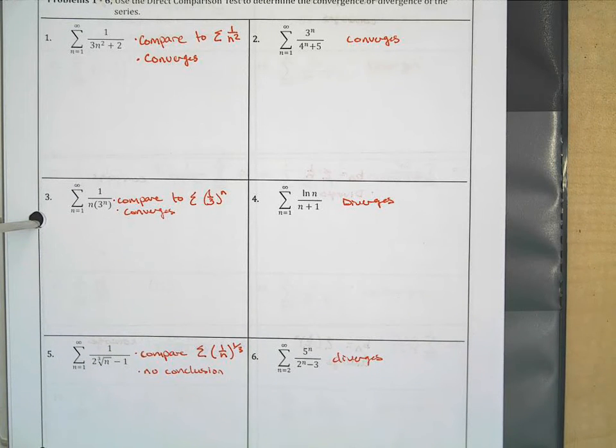I'm pretty sure the inequality would fail if you set it up against 1/n. You want it to be greater than, and 1/n is less than 1/n times 3, because that denominator is growing faster.